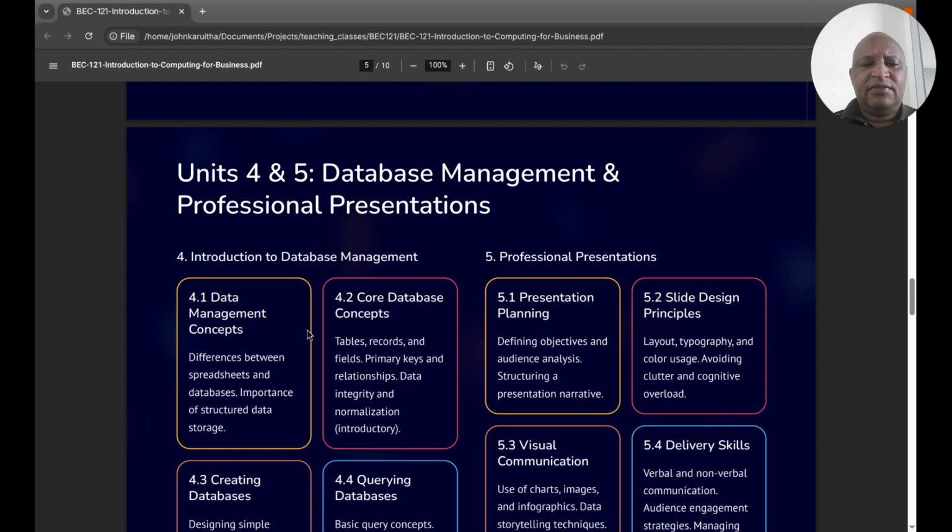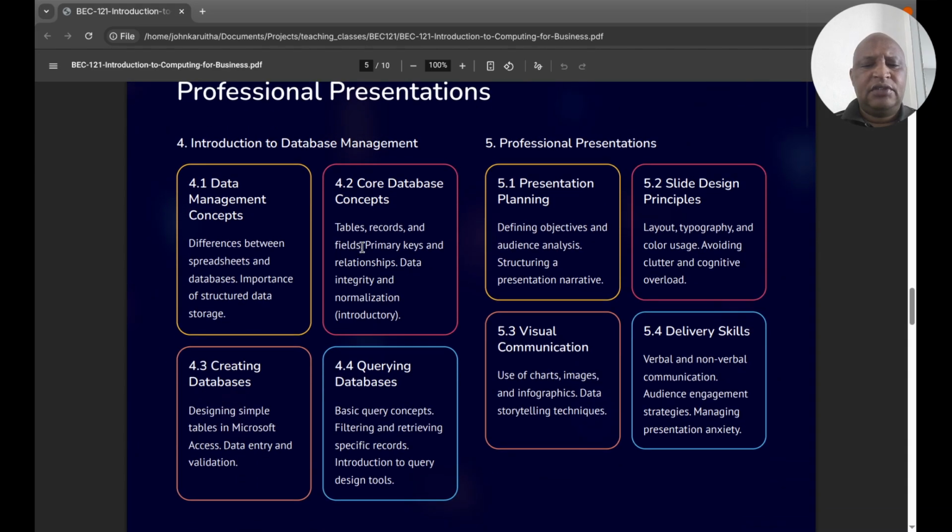In Units 4 and 5, we are going to look at database management and professional presentations. So it is divided into two: database management concepts and professional presentations. Think of a database as a repository where you store your data. Even that table you create in Excel is a sort of primitive database.